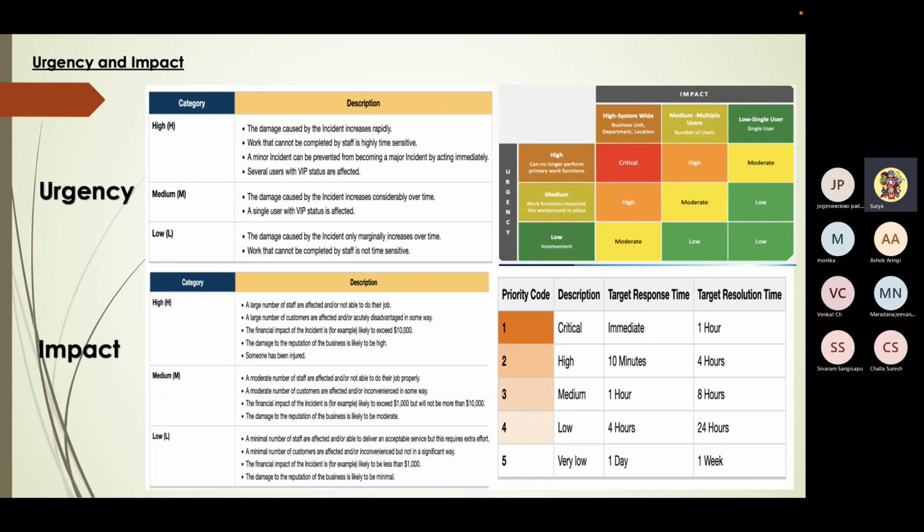I will come to that again. So here the urgency will be very high. And there are a few incidents which are medium kind of incidents. The damage caused by these incidents will be comparatively less. That doesn't mean you should not take care of those.